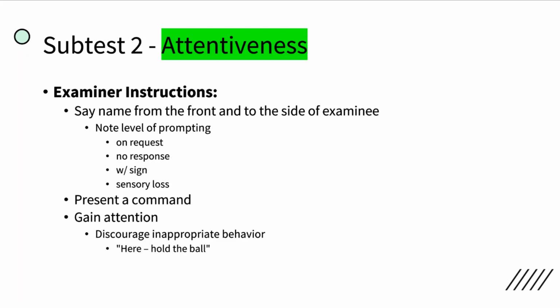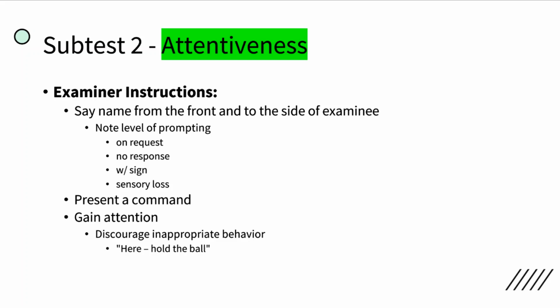Options to be checked include on request, no response, with sign, with physical prompt, with gesture, may tune out others, and sensory loss. Another example of Subtest 2 is presenting a command and indicating the level of prompting required. These commands are intended to gain or redirect attention and discourage the individual from engaging in inappropriate behavior.